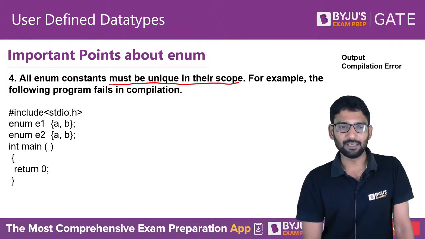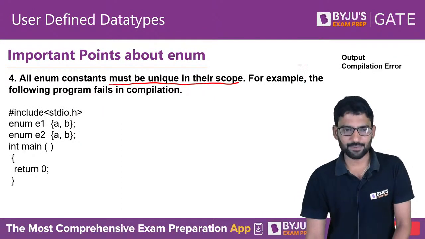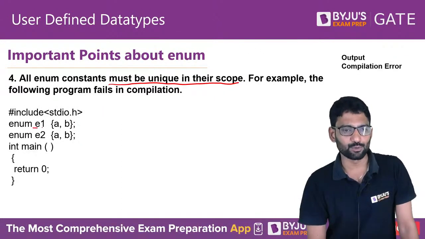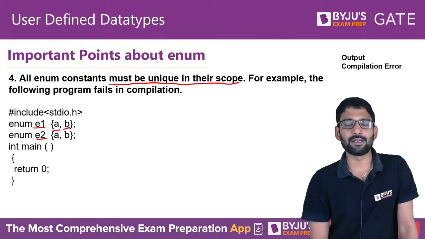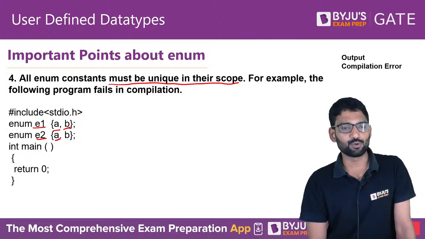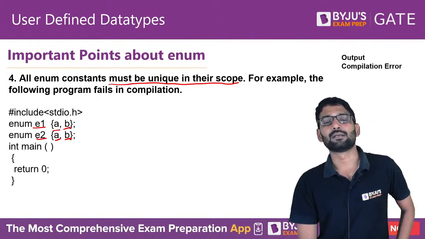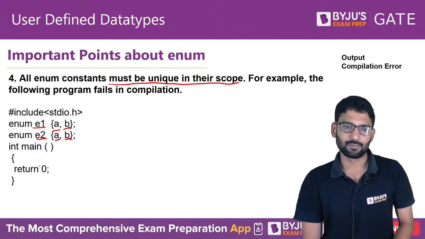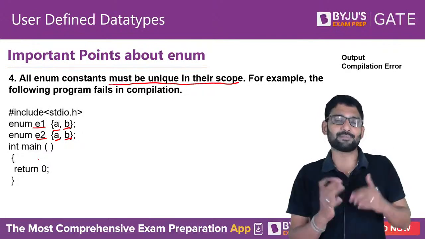For example, we have created two data types E1 and E2. For E1, we have given the names A, B, and for E2 also A, B. This will result in a compilation error. Why? Because E1 and E2 both have the same program scope.